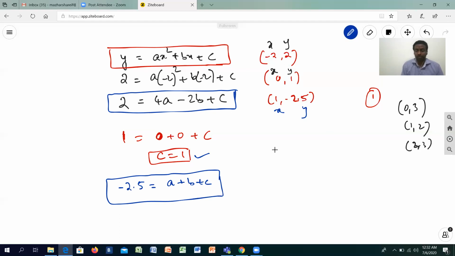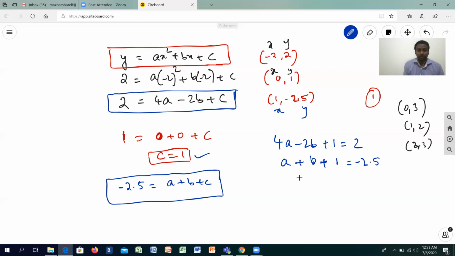Just substitute c, and you get a new set of equations in terms of two variables rather than three. So I have 4a minus 2b plus 1 equals 2. Likewise, I will have a plus b plus 1 equals negative 2.5.